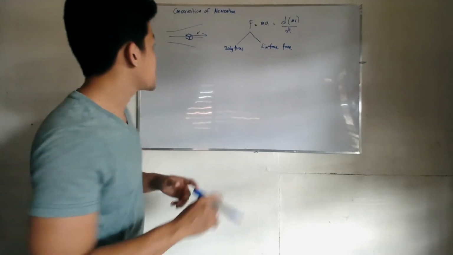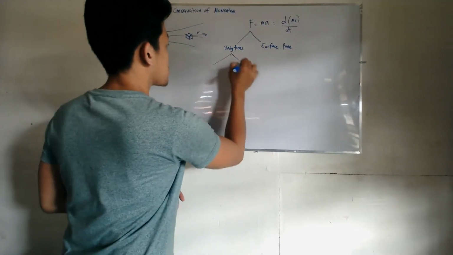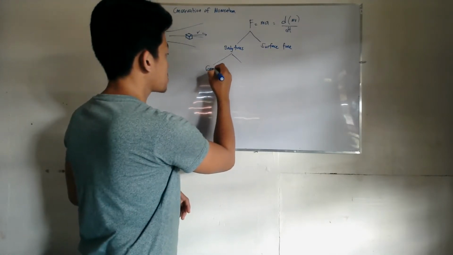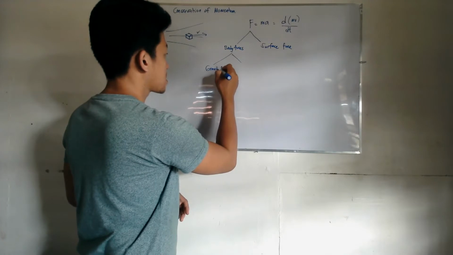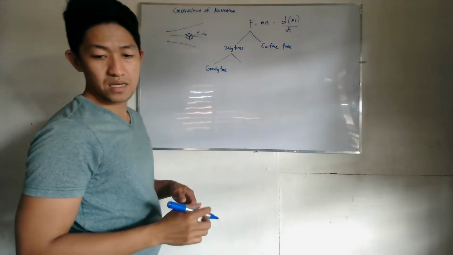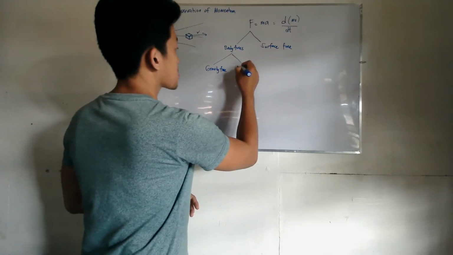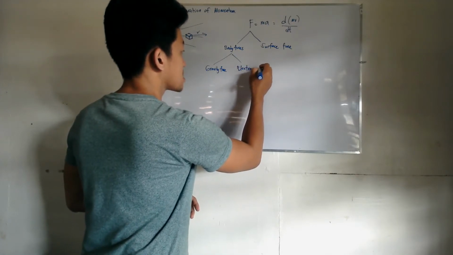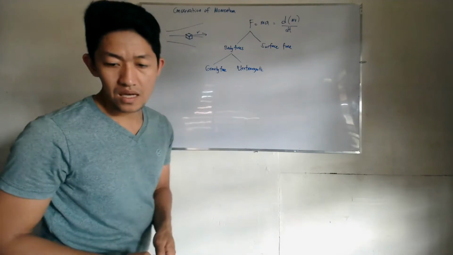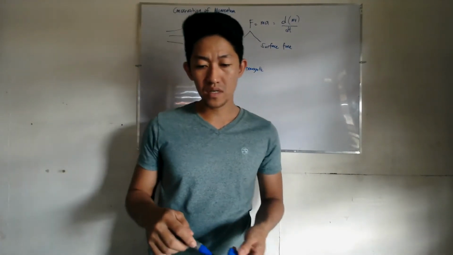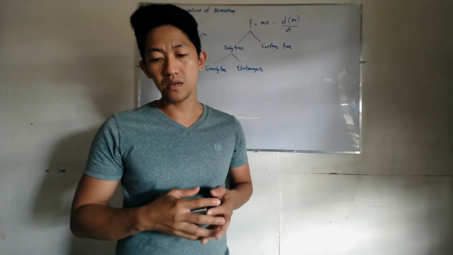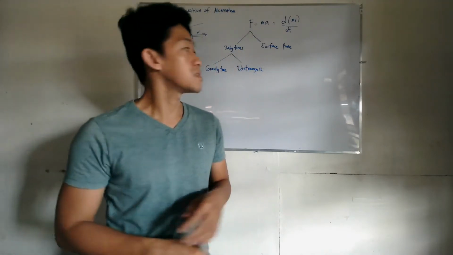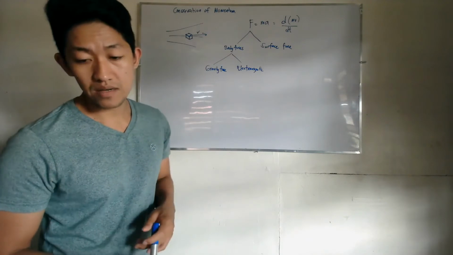When we talk about the body forces, these include the force due to gravity, and also the electromagnetic forces. Body forces are forces that act directly on the fluid element.